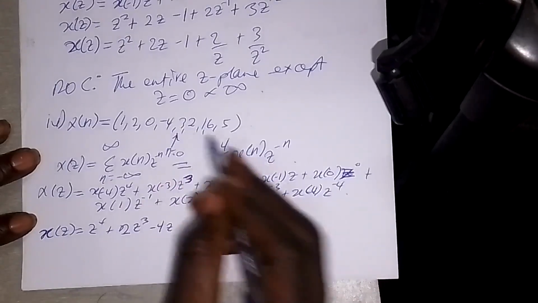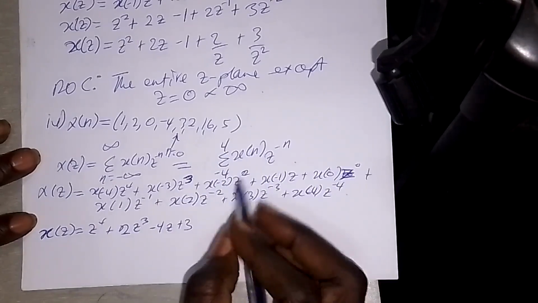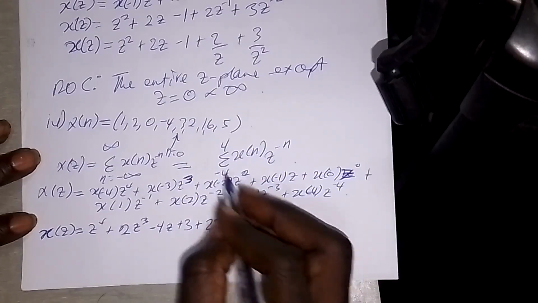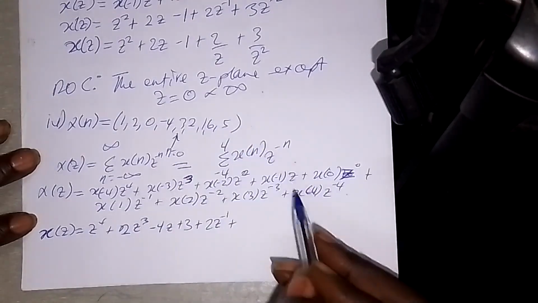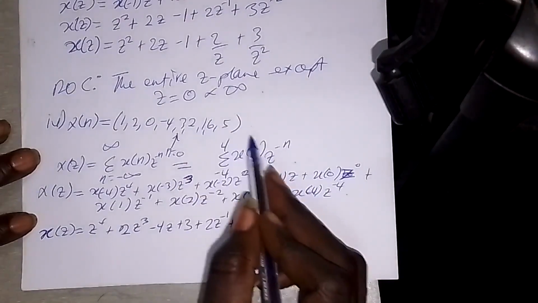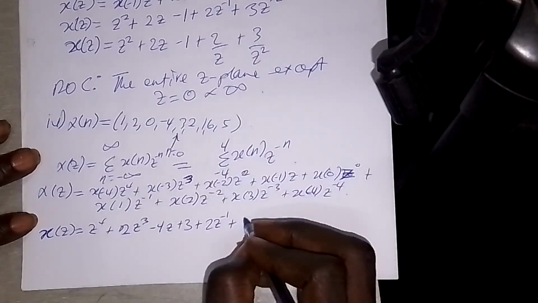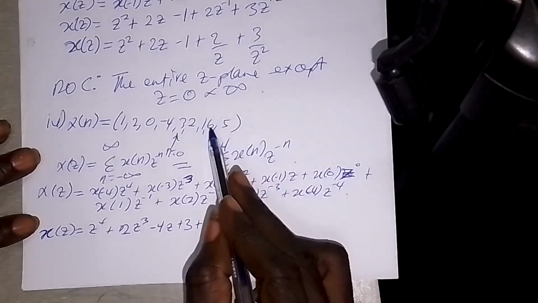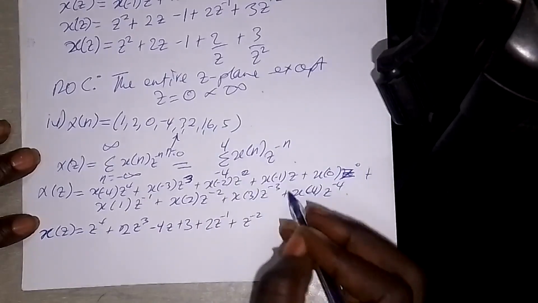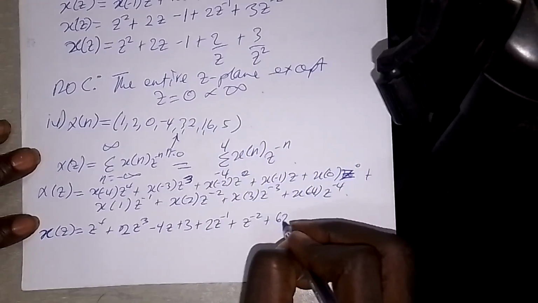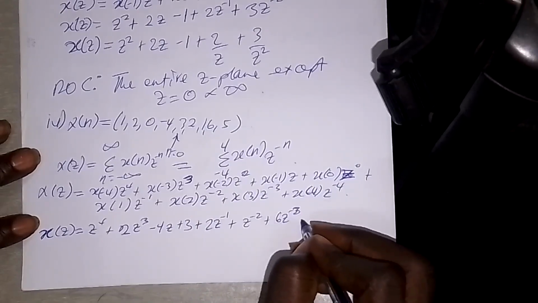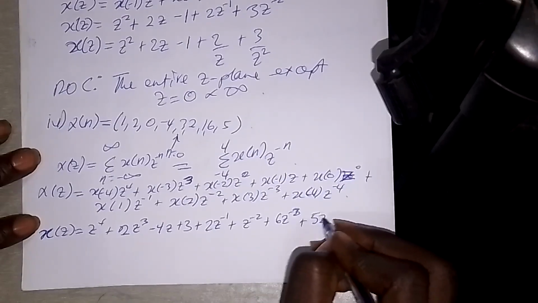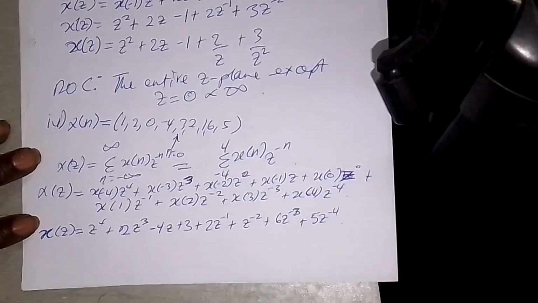Then x of 0 is 3, so plus 3. Then x of 1 is 2, so 2z exponent minus 1, plus x of 2, which is 1, so z exponent minus 2. X of 3 is 6, so plus 6z exponent minus 3. Then x of 4 is 5, so 5z exponent minus 4. So this is going to be our sequence.